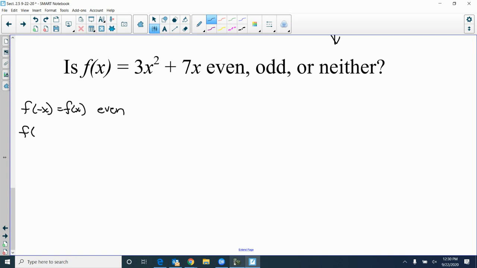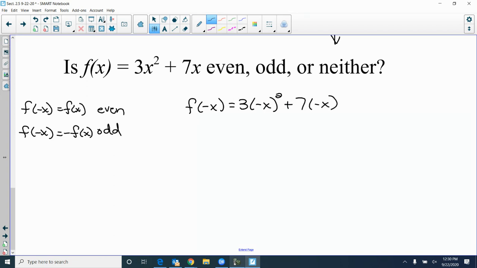And if I plug in -x and I get back the opposite, it's odd. So essentially, this is a little bit similar to symmetry, but we're just plugging in negative x. Okay, so we want to evaluate f of negative x. And that's going to be 3 times negative x squared plus 7 times negative x. And just simplify that.